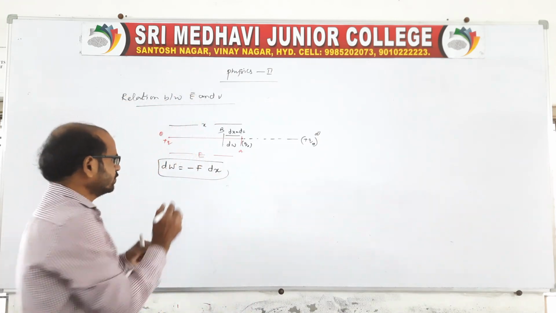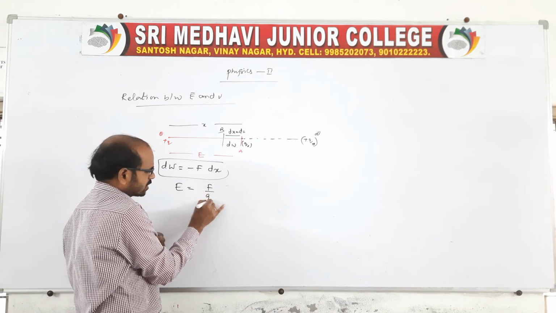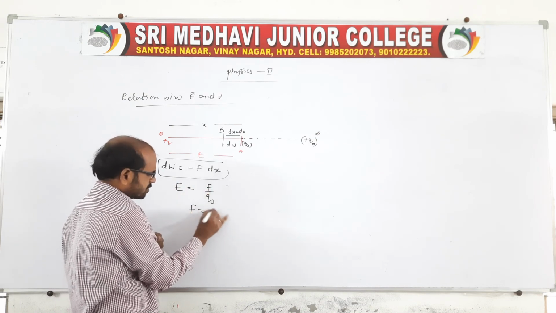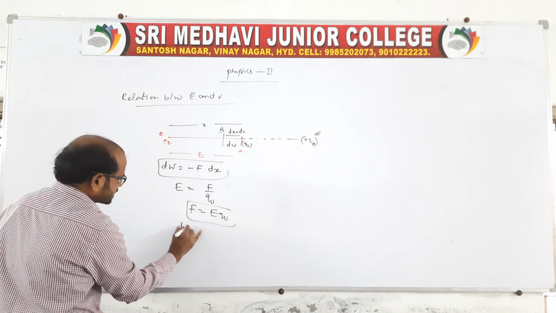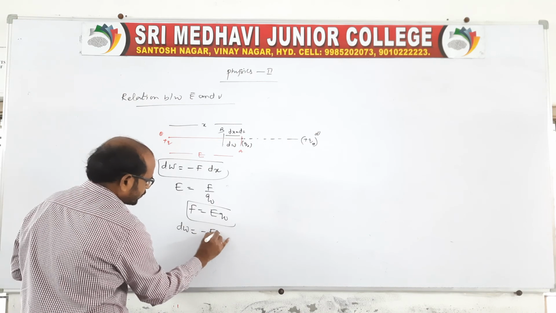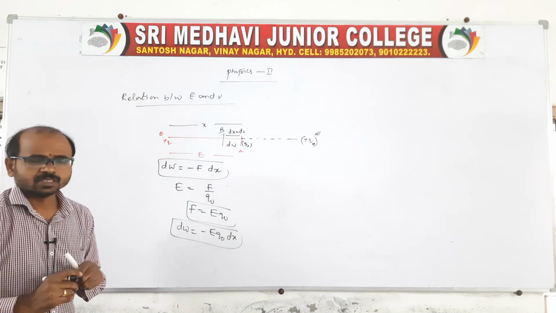So we can say dW is equal to minus F into dx. According to the statement of electric field intensity, E is F by Q naught, therefore F is equal to EQ naught. Here you substitute: dW is equal to minus EQ naught into dx. Clear? Is it okay now?